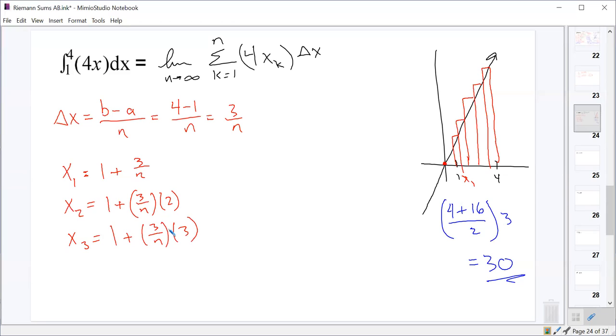And what about x sub k? 3 over n times k, or just 1 plus 3k over n. All right, so we've got our delta x value and our x sub k value. Everybody good with that? Any issues there?